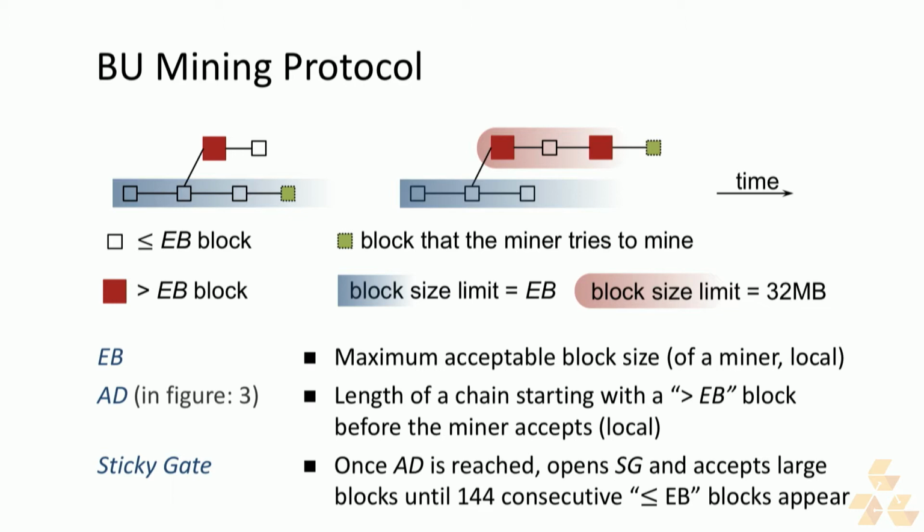Despite the fact that this block is actually in the longest chain, the miner will ignore it and consider it invalid and keep mining on the previous block, because it's larger than the miner's local EB. However, as long as the chain starting with this block reaches the miner's AD value, which is 3, the miner will accept this block and acknowledge it as the longest chain and keep mining on the latest block.